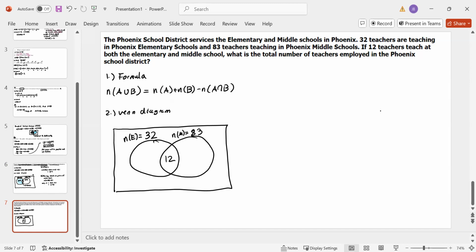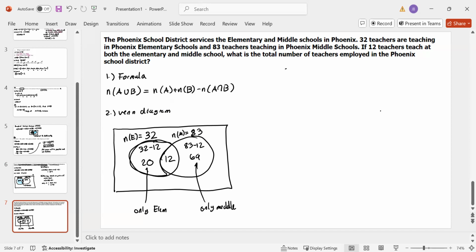So this part of the circle right here that I've outlined is the teachers that only teach elementary. So if you do 32 minus 12, that is 20 teachers that only teach elementary. Okay. So this right here is only elementary. And then 83 minus 12 is 69, and so that's only middle school.